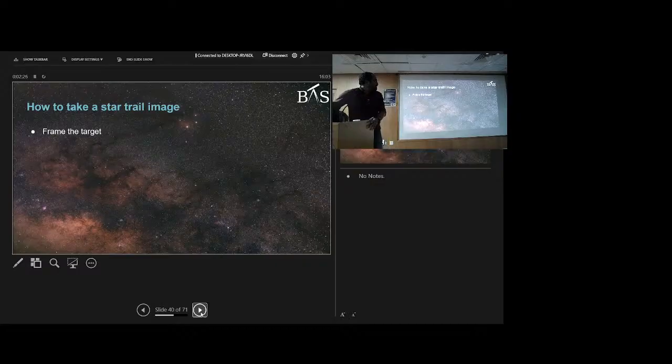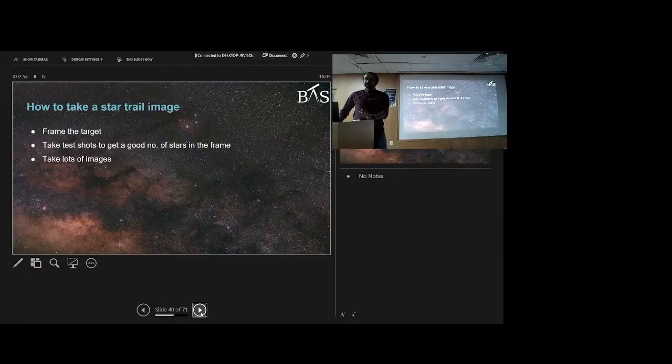When framing the target for a star trail image, think about some nice foreground object. That can be anything. Some folks take it with historical places or some object on the ground. First, take a few test shots so that you get a nice number of stars in a single image.